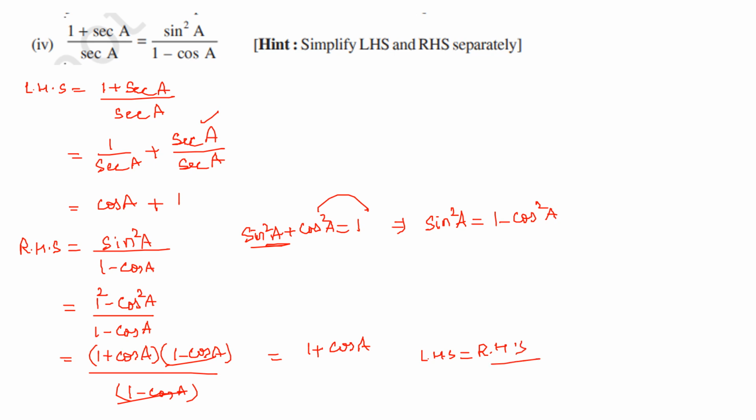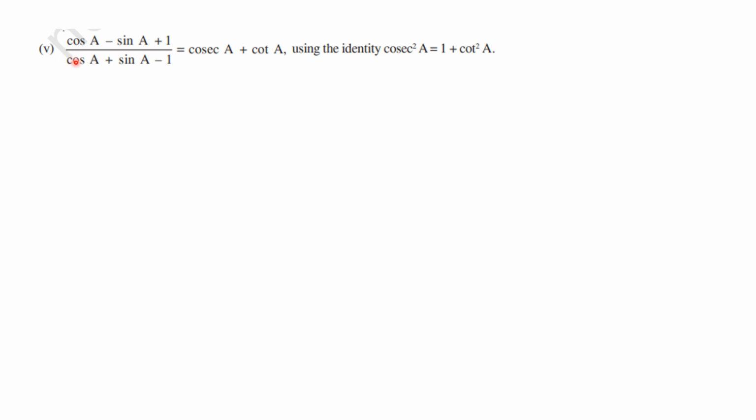Now moving to fifth question. Fifth question: (cos A − sin A + 1) / (cos A + sin A − 1) = cosec A + cot A, using the identity cosec² A = 1 + cot² A. Now to use this identity in LHS, first of all I have to convert this in terms of cosec and cot, isn't it? So just think about it. How will I convert this in cosec and cot without changing any value of this?